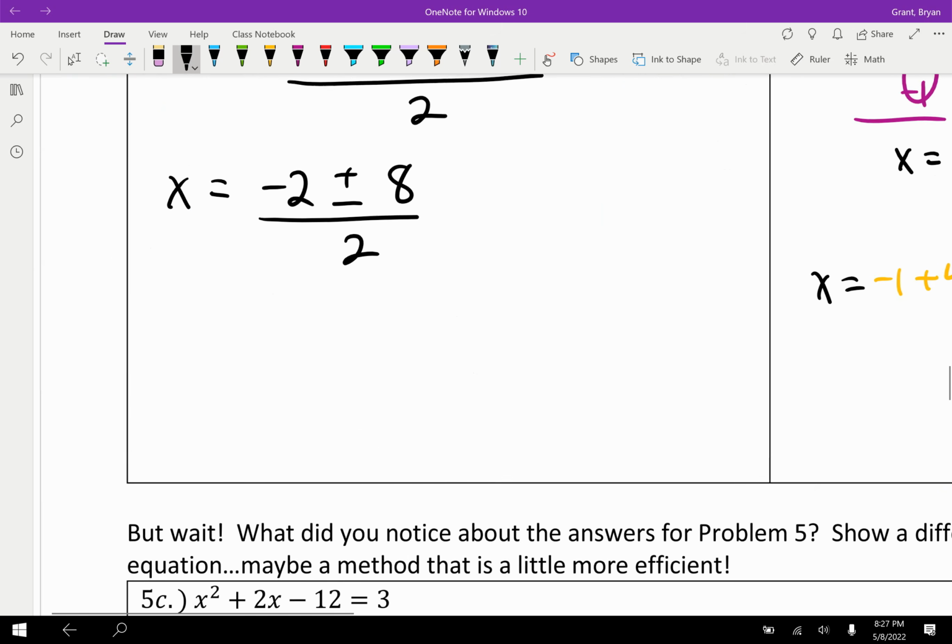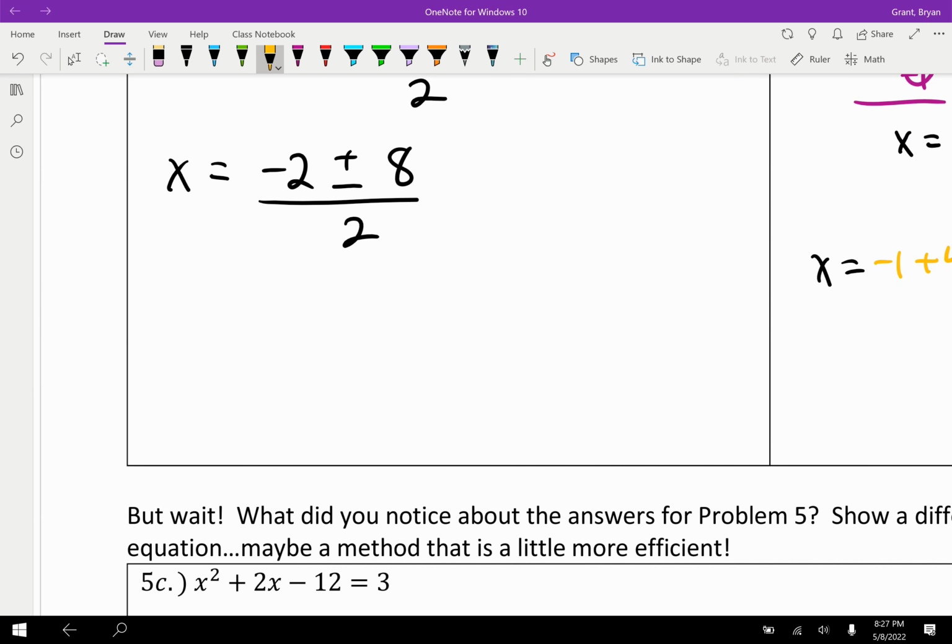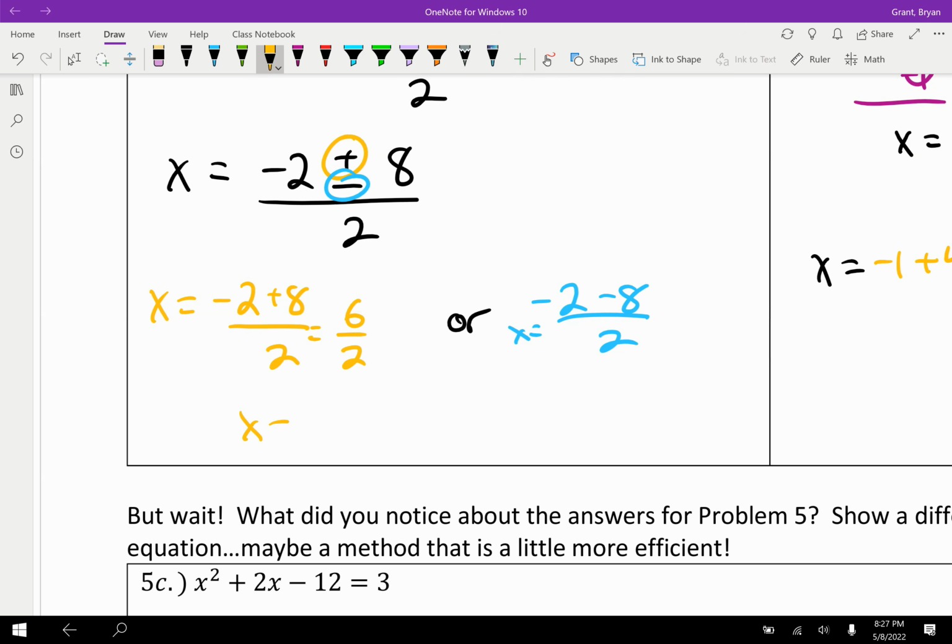Once we're here, two different answers, just like completing the square. I'll do them in colors as well. X equals negative 2 plus 8 divided by 2. Or, we'll do the other one, x equals negative 2 minus 8 divided by 2. Okay, we get 8 minus 2, which is 6. And what is 6 divided by 2?